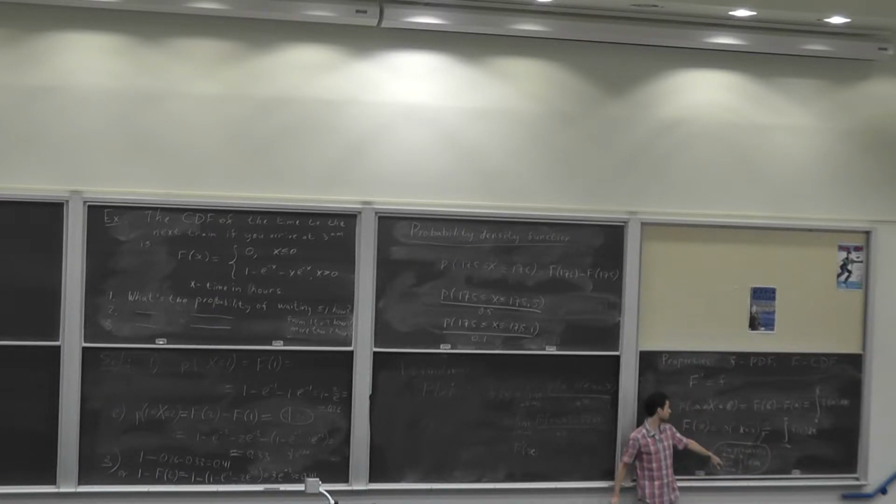And we call the integral by this name, integral from minus infinity to x of f of t dt. So there is a way to go back and forth between one function and another one. Small f is the derivative of capital F, and capital F is the integral from minus infinity to x of f of t dt.